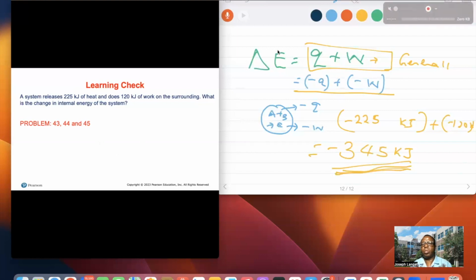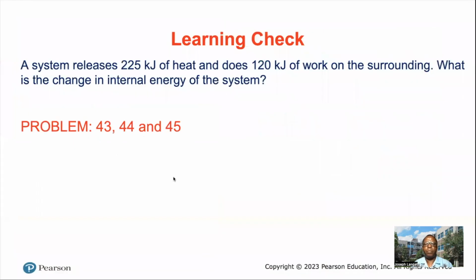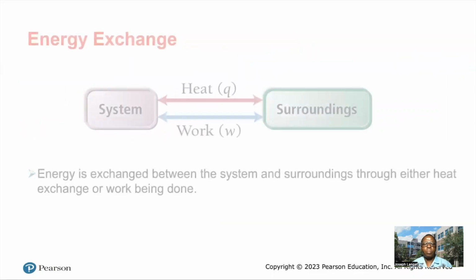You need to know how to play your cards well. Please look at problem number 43, 44 and 45. I believe for all problems, you have the solution at the back of the text, for more practice before you attempt the module 7 assignment.